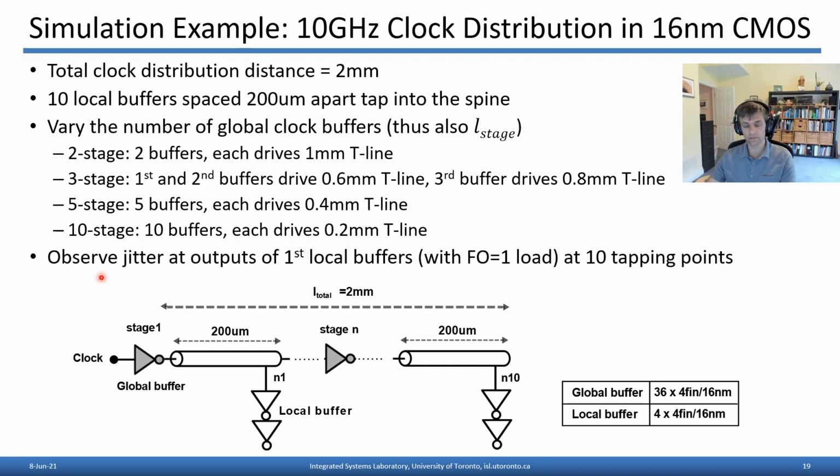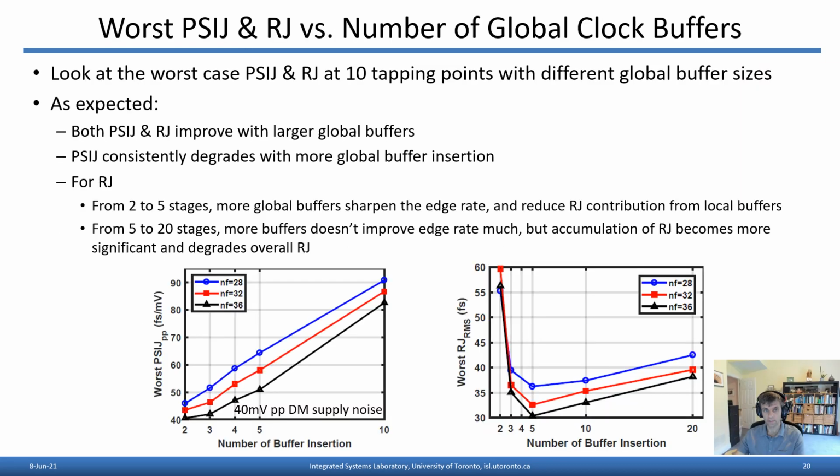And we're going to observe the jitter at the outputs of each of these local buffers at each of the 10 tapping points and see what happens. So on this slide, we're looking at the PSIJ and the RJ, and in both cases, we sweep across the x-axis the number of buffers that we've used to distribute across that constant 2 millimeter interconnect.